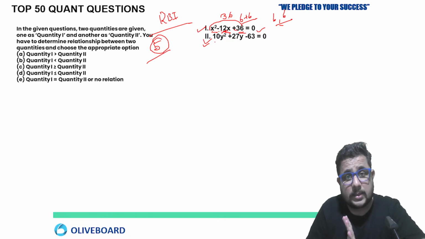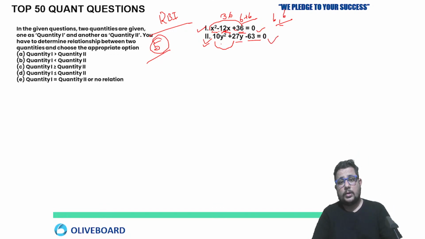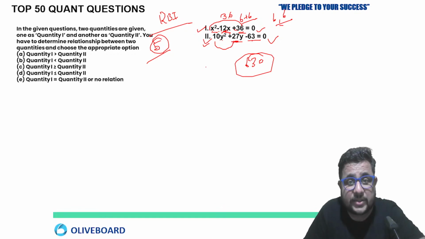What about others? Now 10y square plus 27y minus 63 equals 0. So here what you can do, 10 multiply 63, 630 it will be. Now 27 you have to break into two parts, but by subtraction. So by multiplication you must get 630 and by subtraction you must get 27.